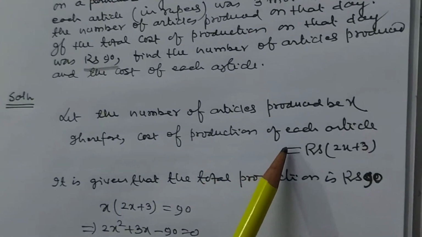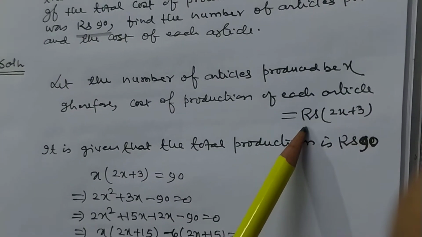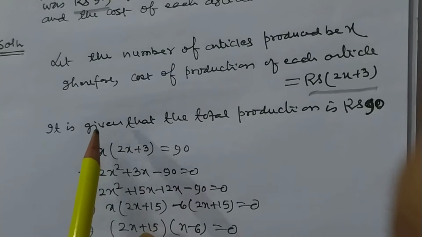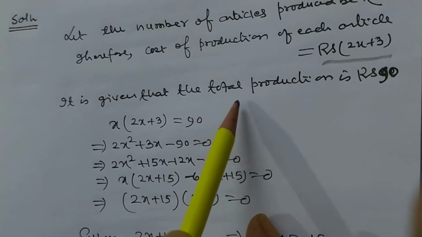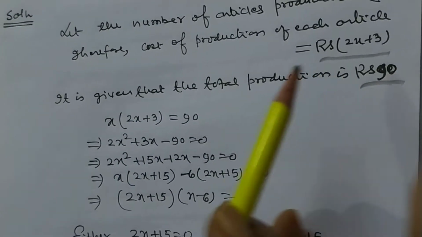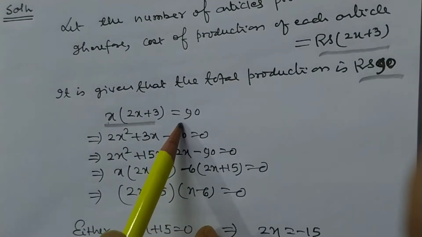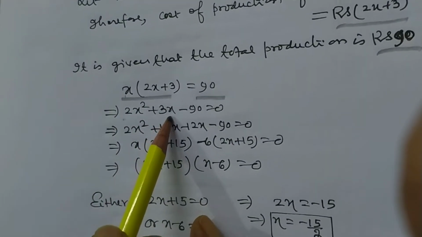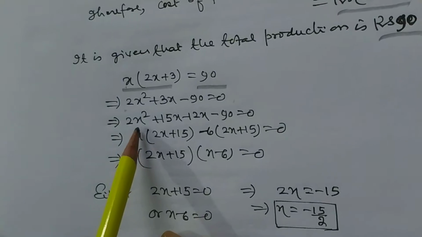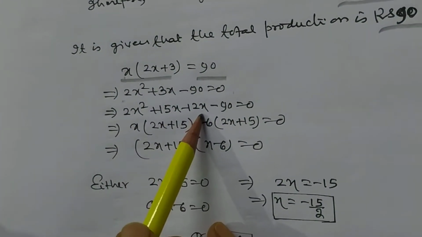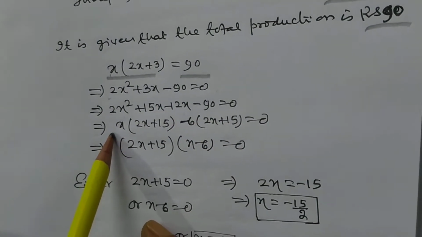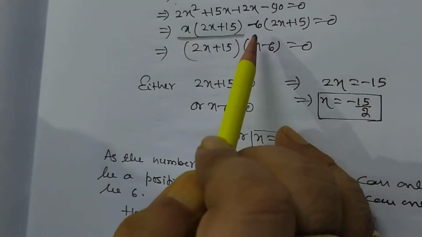Therefore, the cost of production of each article is rupees 2x plus 3. It is given that the total production cost is rupees 90. So x into (2x plus 3) is equal to 90. 2x square plus 3x minus 90 is equal to 0. 2x square plus 15x minus 12x minus 90 is equal to 0. If you take common x, 2x plus 15.